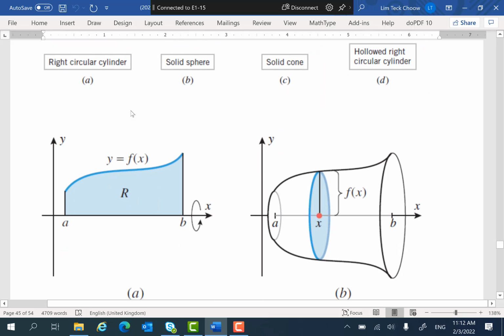If you want to make a nice container, you create a nice function and rotate it about the x-axis, and you get a nice shape. This can become a special drinking cup.